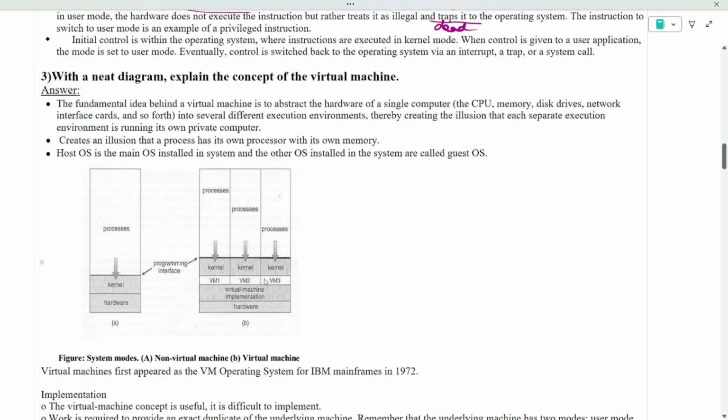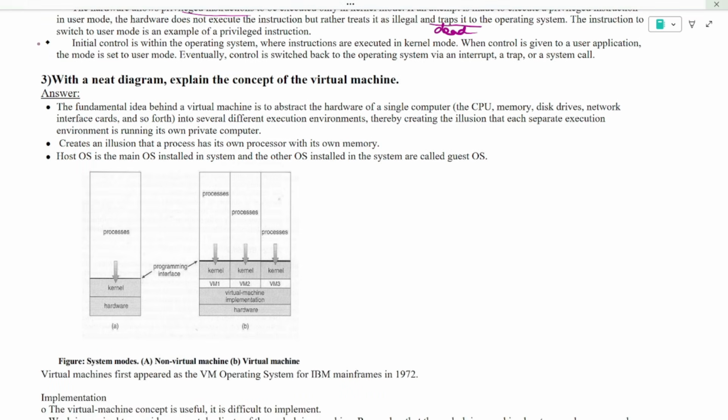Next is virtual machine. This is also one of the most repeated topics. You have to study the diagrams. The fundamental idea behind a virtual machine is that the hardware of a single computer is divided into several different execution environments, creating the illusion that each separate execution environment is running its own private computer.